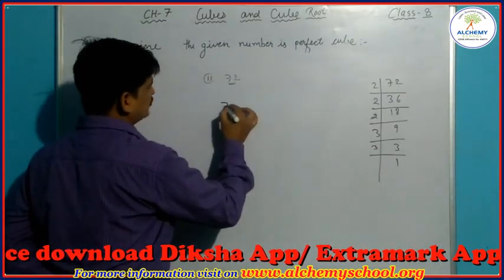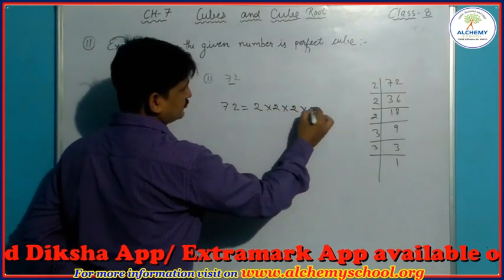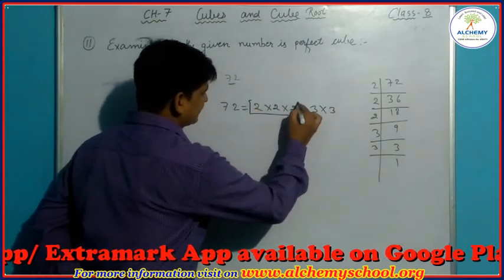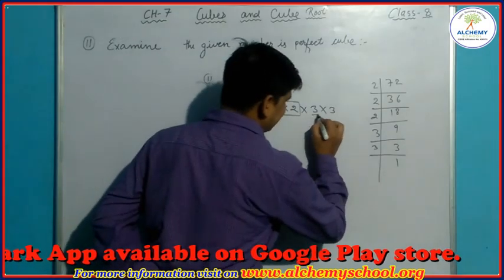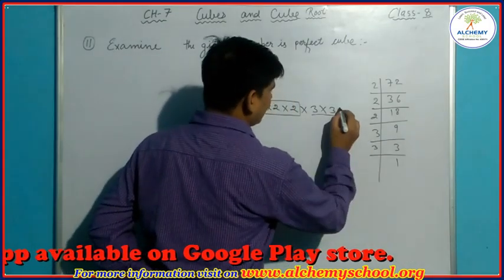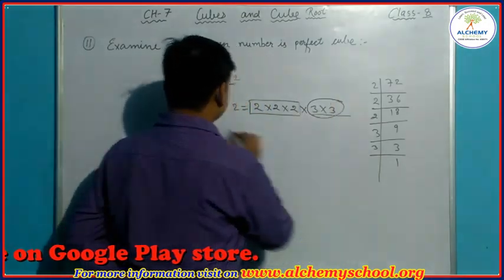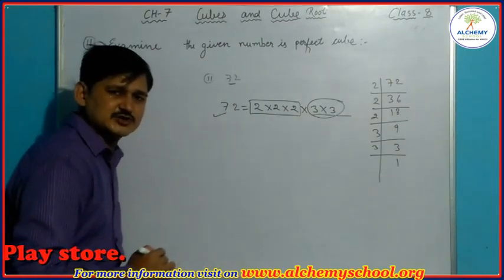So 72 can be written as 2 into 2 into 2 into 3 into 3. The first group we have for 2, but we cannot make the second group of 3 factors. One 3 is short here, so this number 72 will not be a perfect cube.